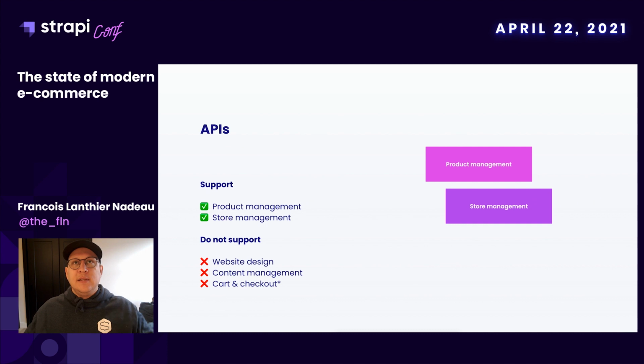Okay, the last and broadest category is APIs, e-commerce APIs. More often than not, they will focus on product management and store management. The website design, content management, and cart and checkout part might be offloaded to different solutions, as some of the ones we've just seen.